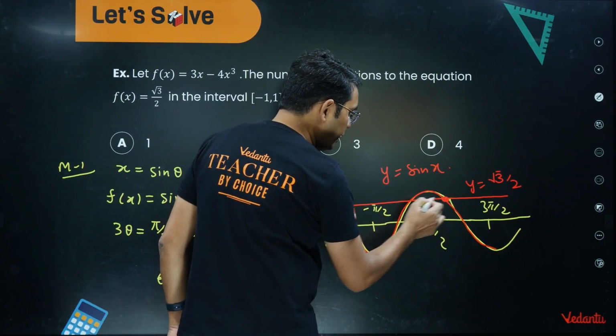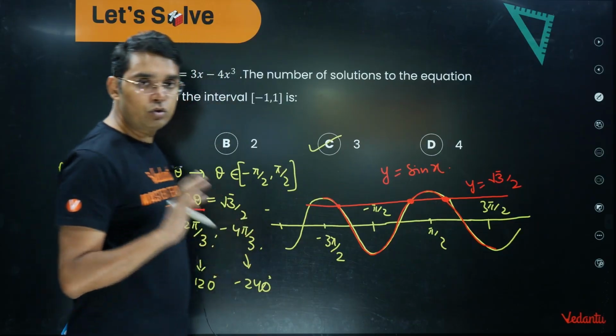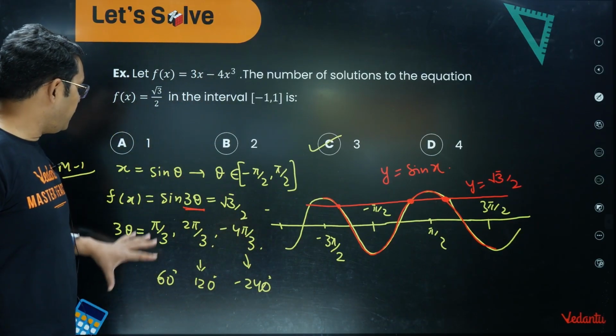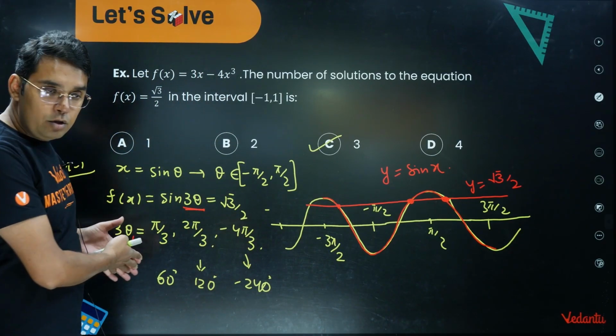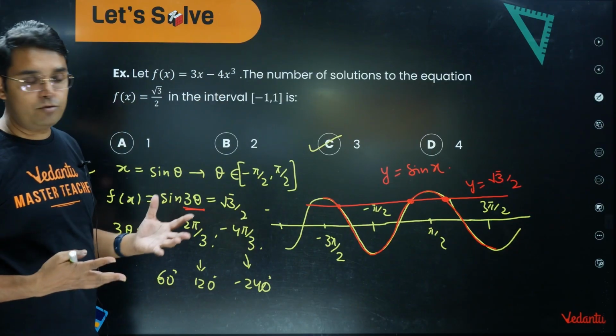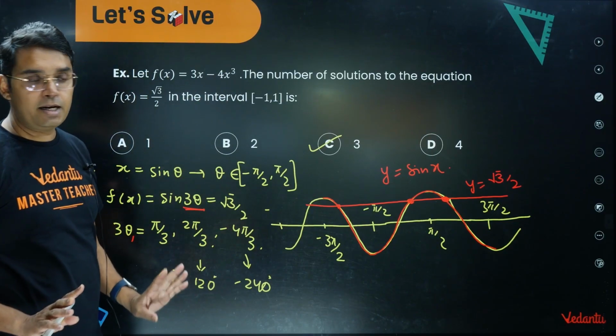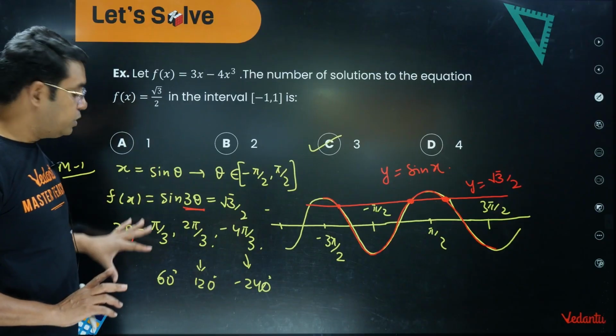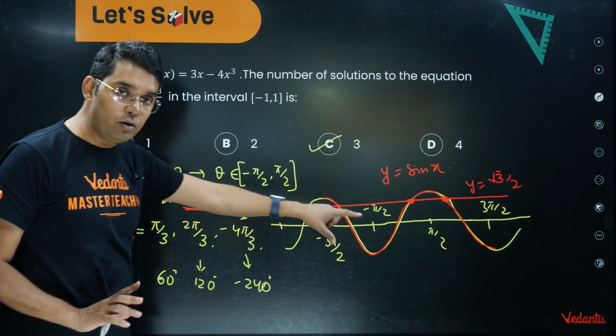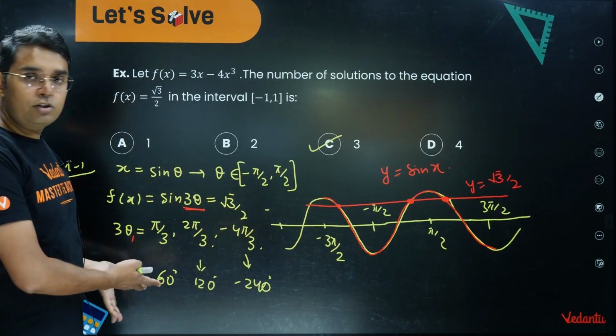So there will be 1, 2, and 3 solutions. So the total number of solutions is 3. But because they are asking only the number of solutions, this is sufficient enough. There is no need to do more. If you are okay with this, go with this.